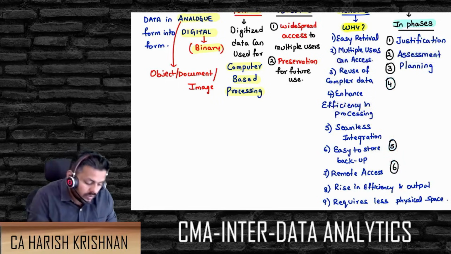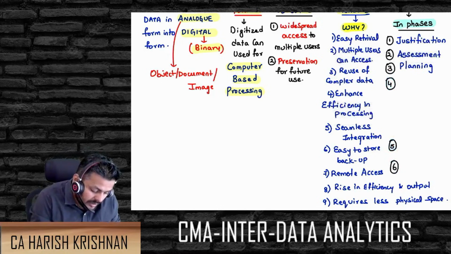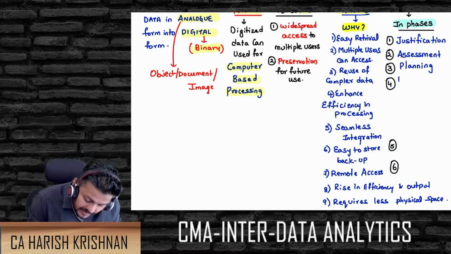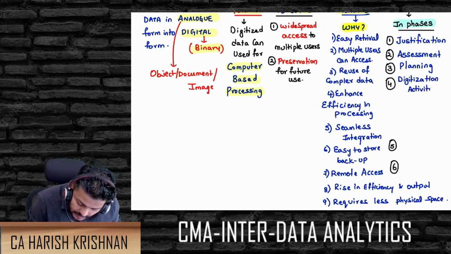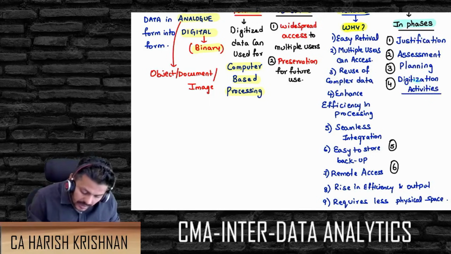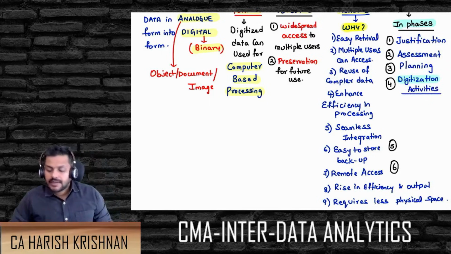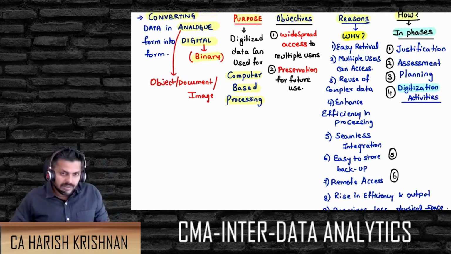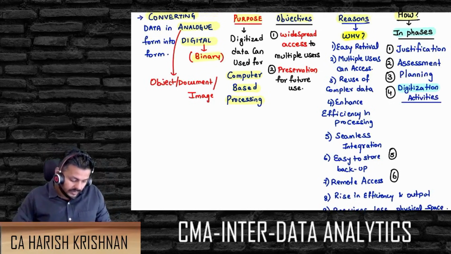So that is point number 4, which is termed as digitization activities. All the key aspects relating to digitization are done in this step only, right? What are these digitization activities and how will they help us? We will see that and come back here.